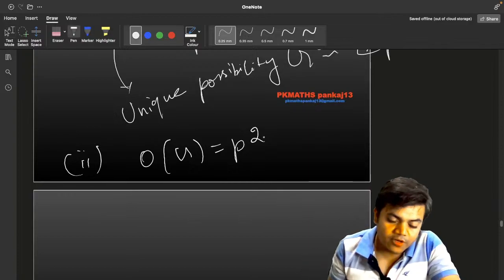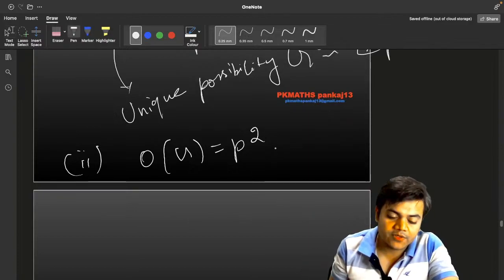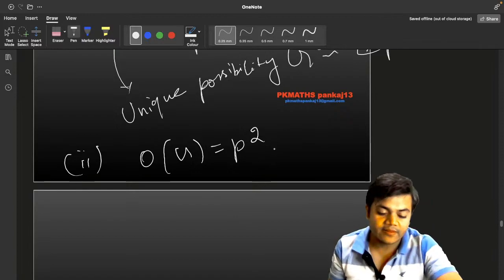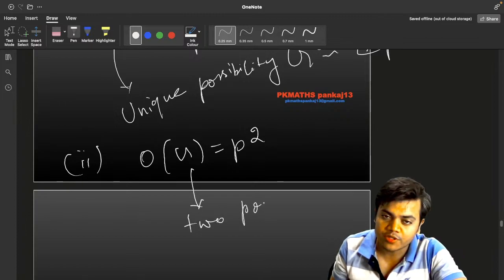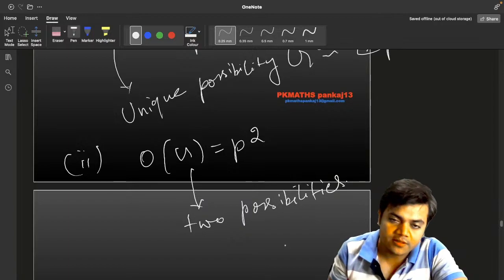So if the order of G is equal to P square, then there exist two possibilities. In this case, how many possibilities are there? Certainly two. What are the possibilities?